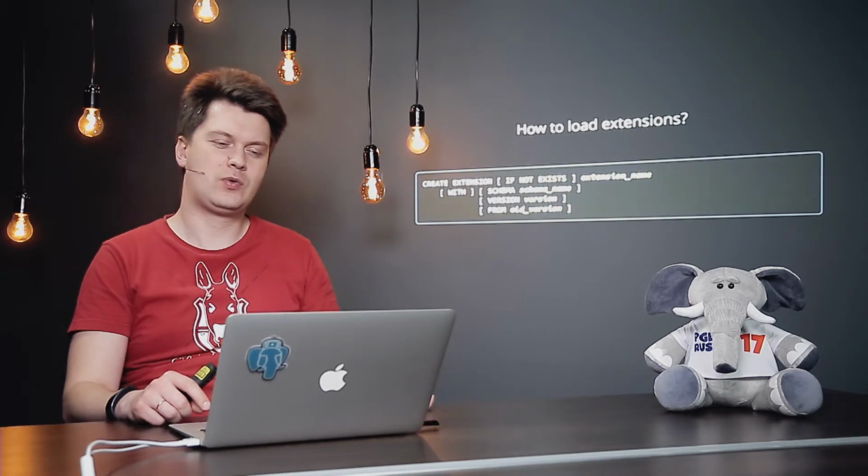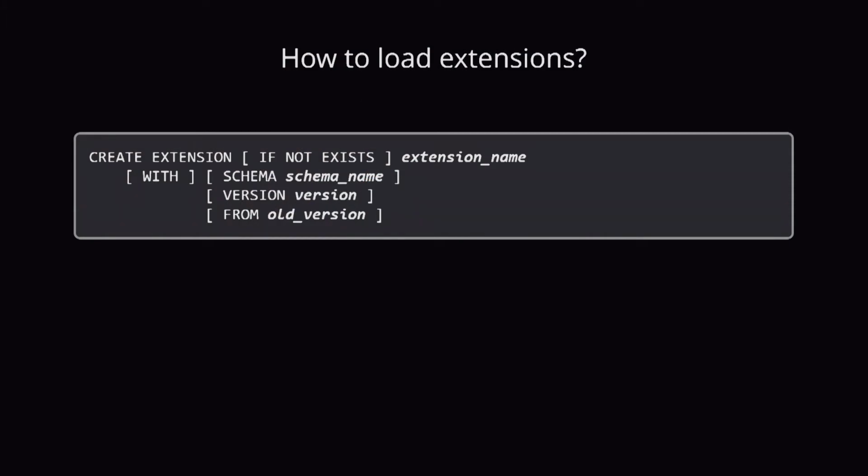How to load an extension? Extension is just a dynamically loaded library, DLL in Windows or SO in Linux. To load your extension, you use the CREATE EXTENSION SQL keywords and specify your extension name.